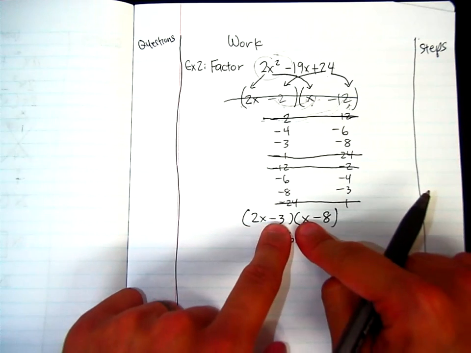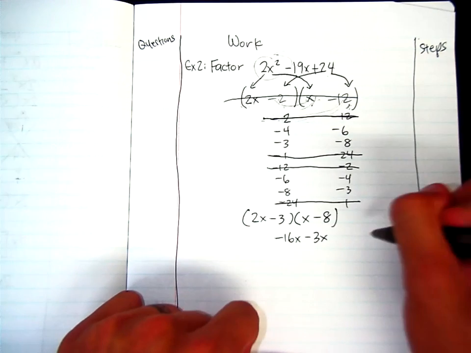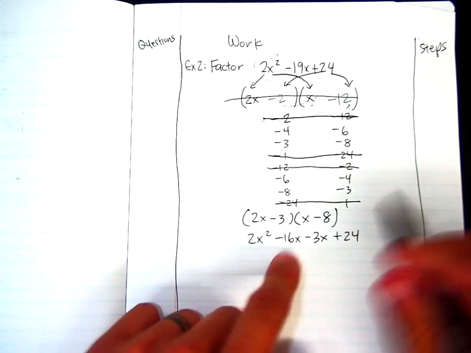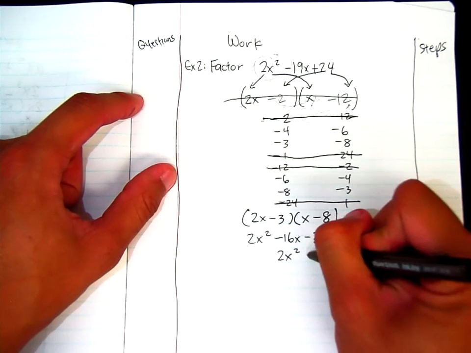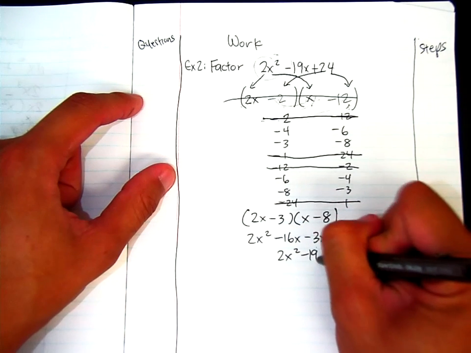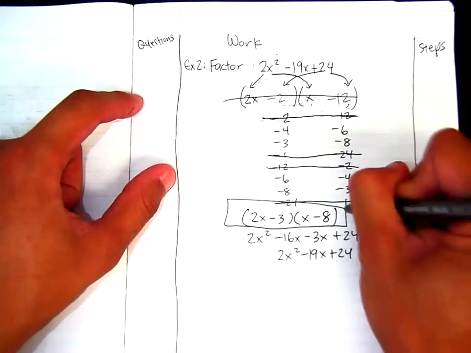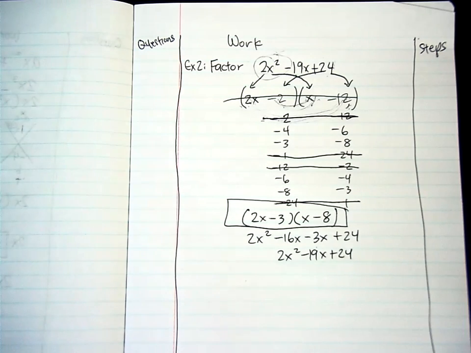If I multiply the inside, negative 3 and x, that'll give me negative 3x. I already know the outsides are 24 and 2x squared. So if this makes negative 19, then we're good, and it does. So I know my final answer is 2x minus 3 and x minus 8. And sometimes you'll have to check back and forth.